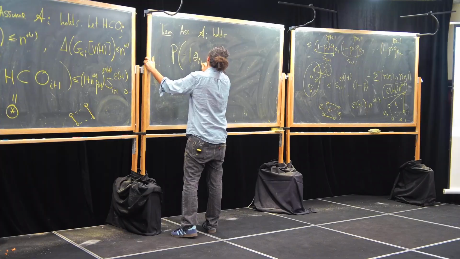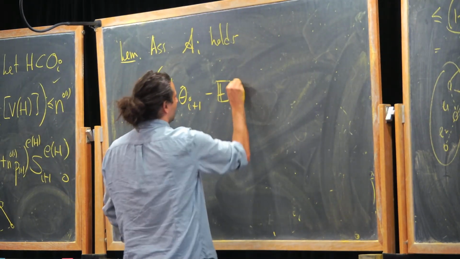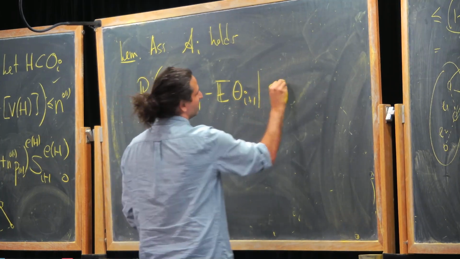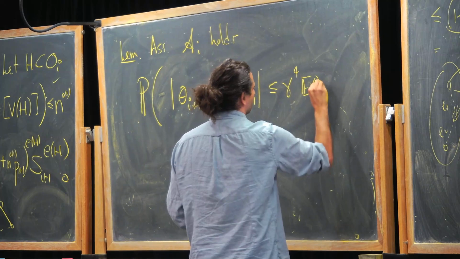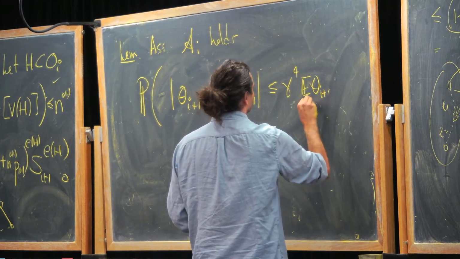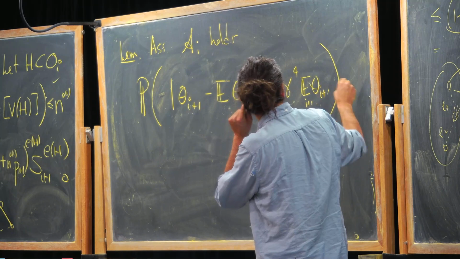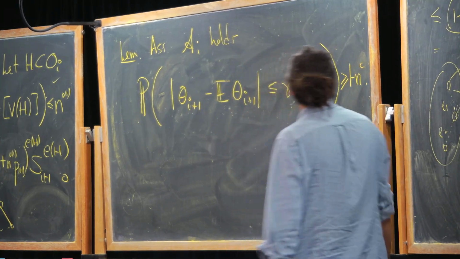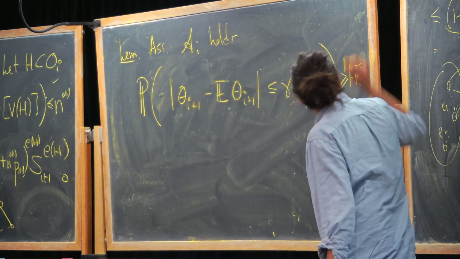Then Theta_{i+1} varies from its expectation by some small amount, and the probability this happens is at least 1 minus n^{-c} or something like that. We'll see what number comes out here.